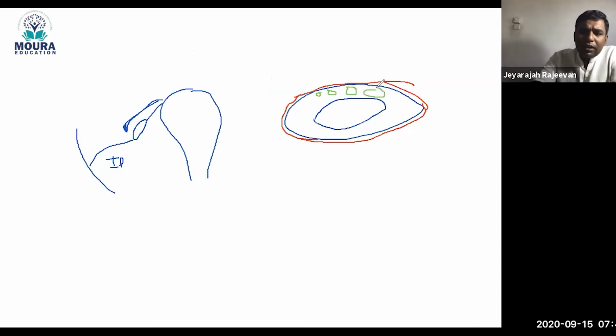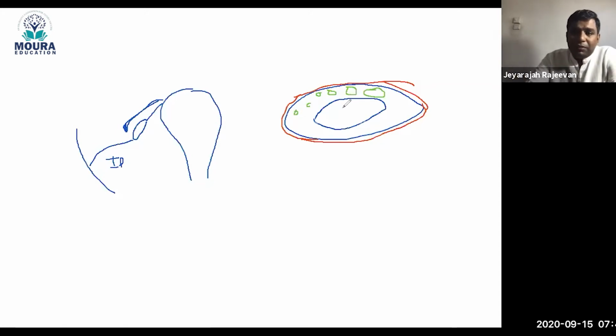So there are so many follicles in the ovarian cortex. Basically, the ovarian cortex has germ cells. Not only germ cells, it also has other cells, but mainly it has germ cells.